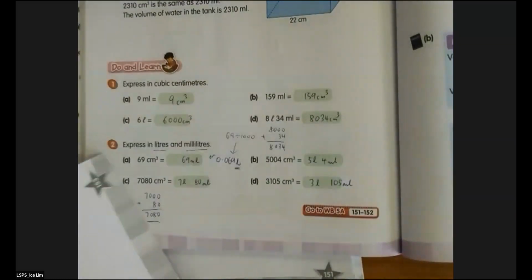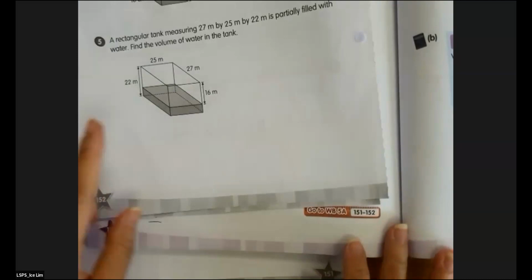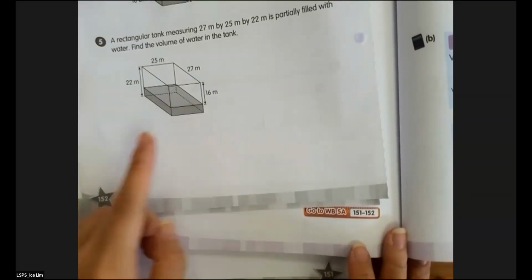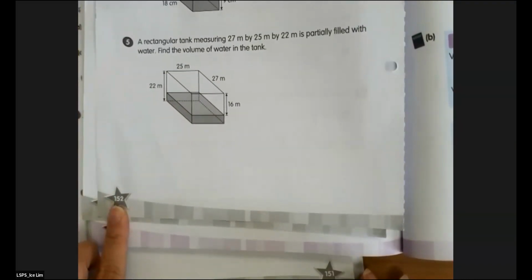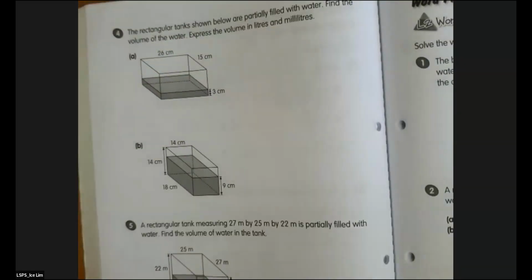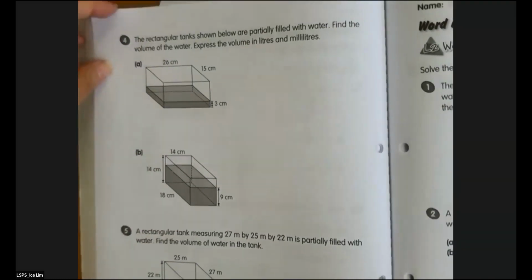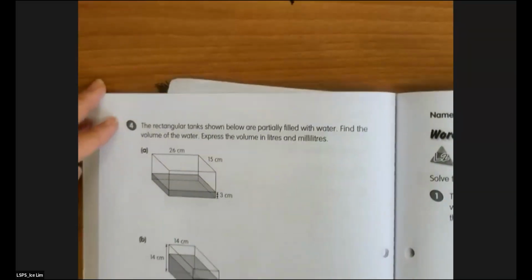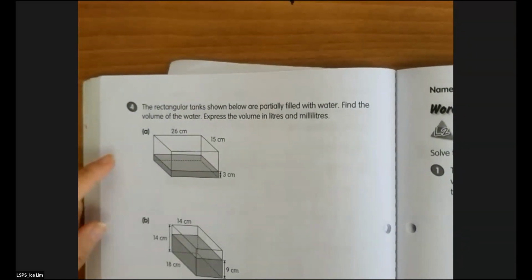For the last bit of today's lesson, I just want to try to go through one question here. That's page 152, question 5. Okay, just one question. Let's try, okay? Is it okay? Now, on page 152, question 4, you need to really look at some of the important words.